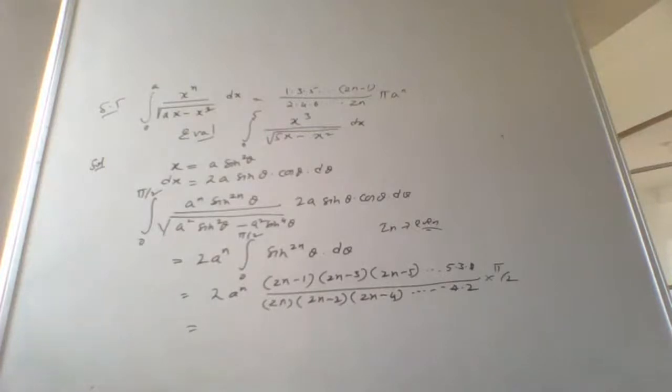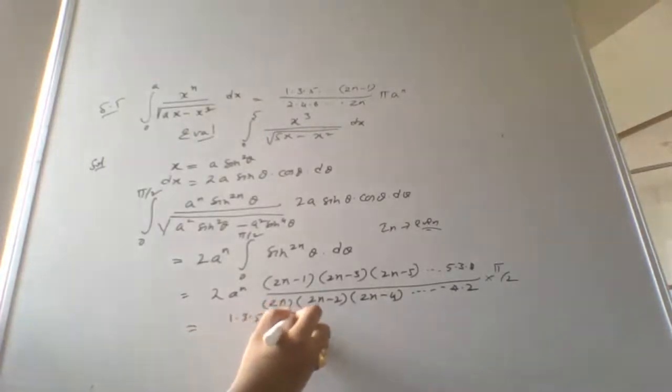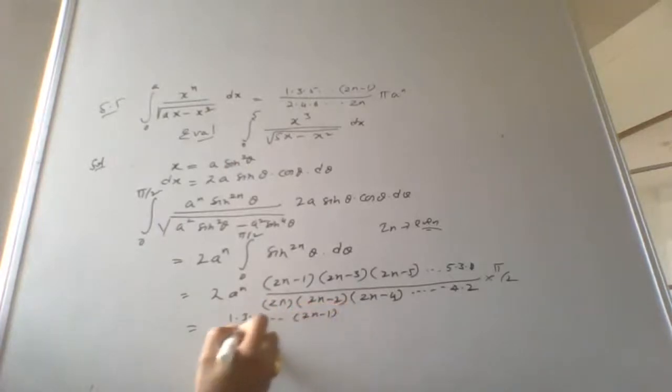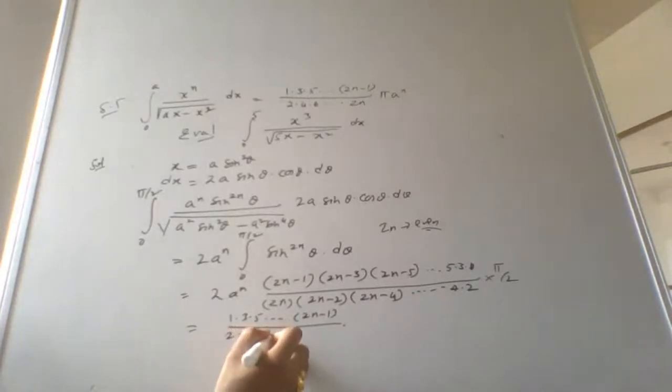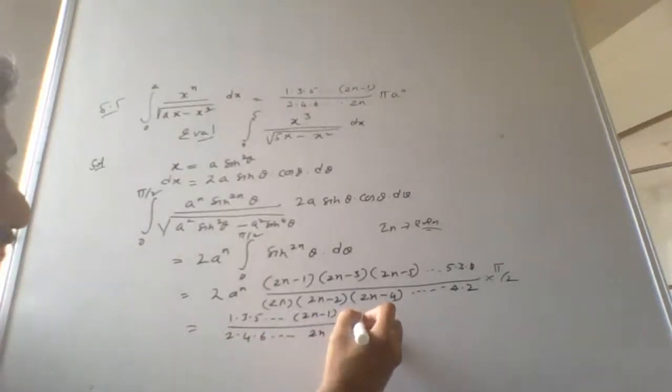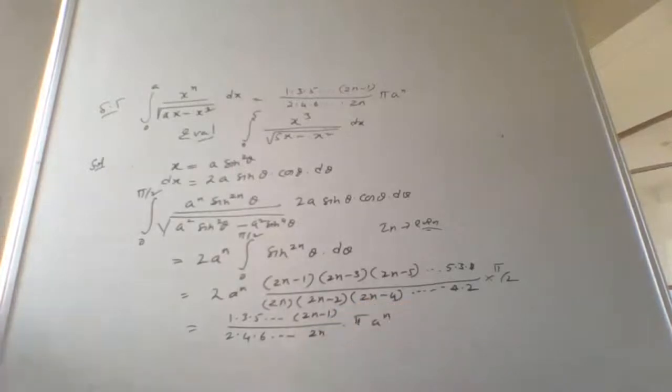If I simplify this further, I get 1 into 3 into 5 up to 2n minus 1, divided by 2 into 4 into 6 up to 2n, into pi a to the power of n. So this is the final result which I get.